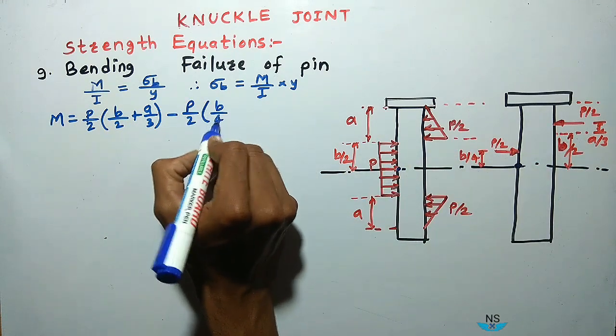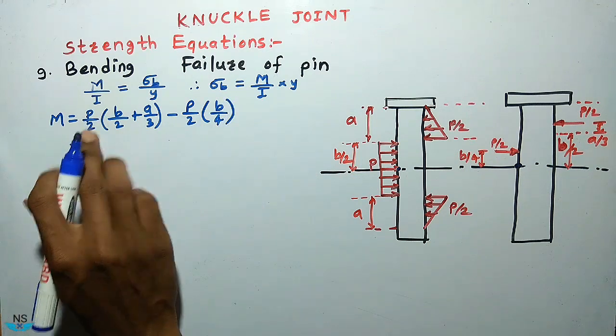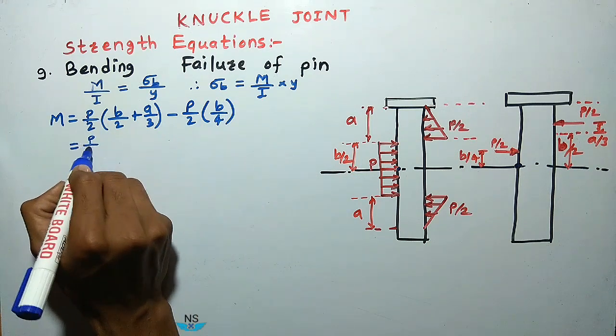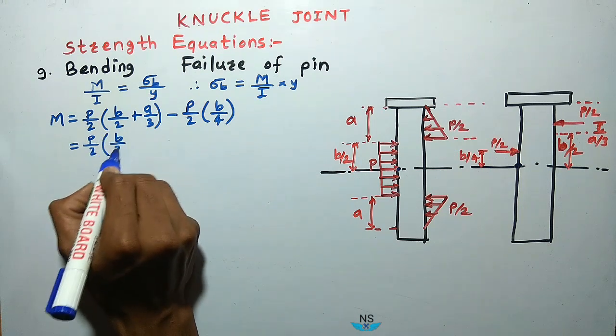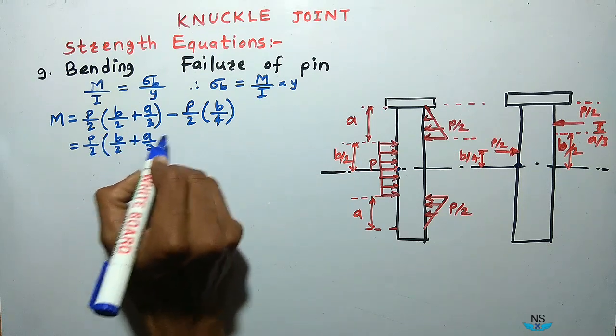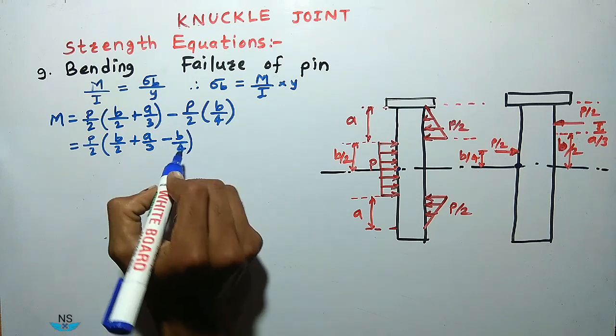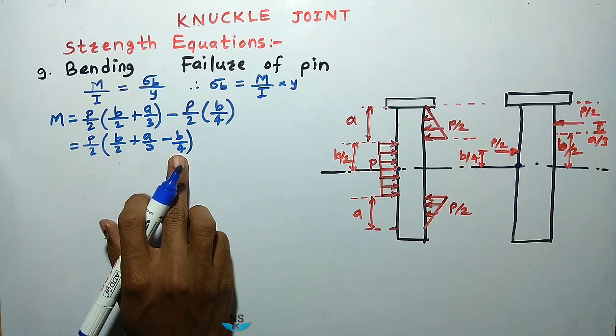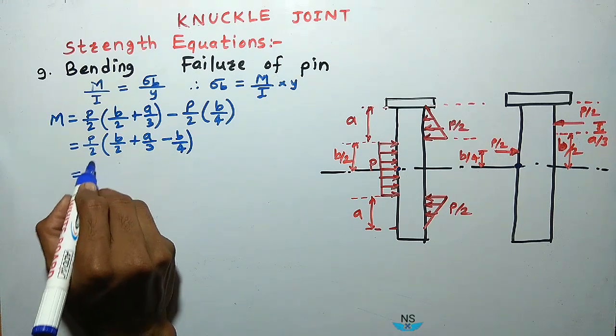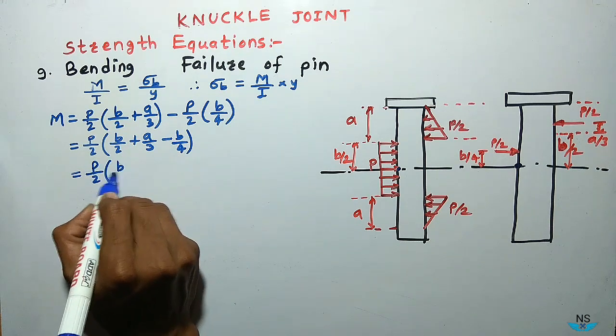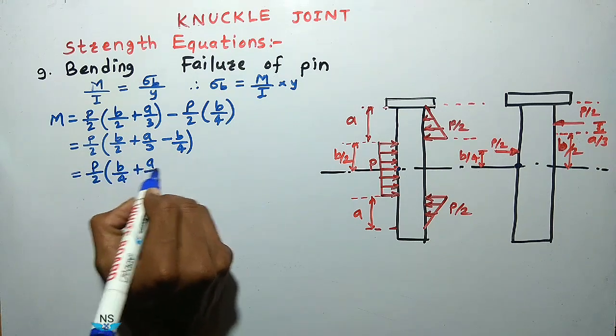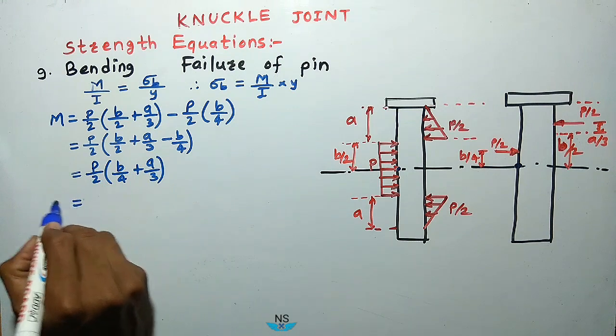Now take P by 2 common from the two terms: b by 2 plus a by 3 minus b by 4. Now b by 2 minus b by 4 is b by 4, so b by 4 plus a by 3.